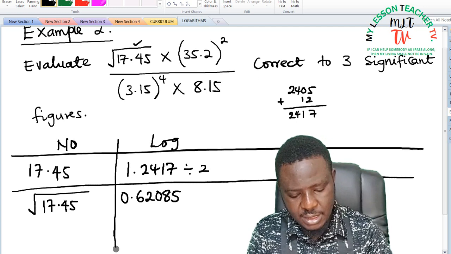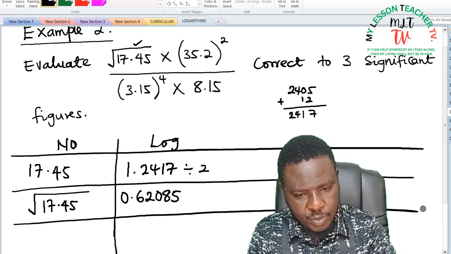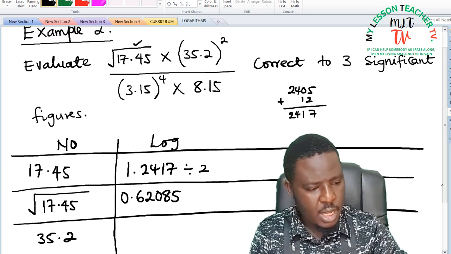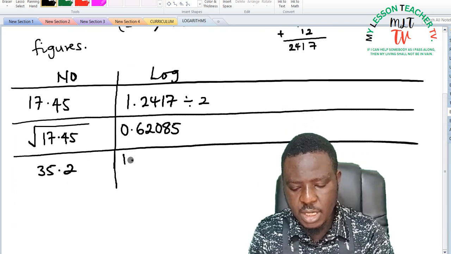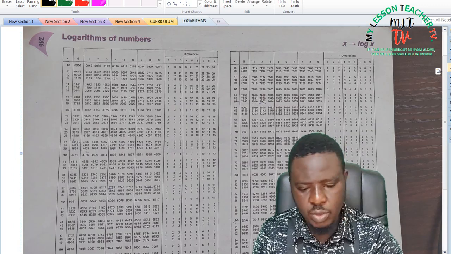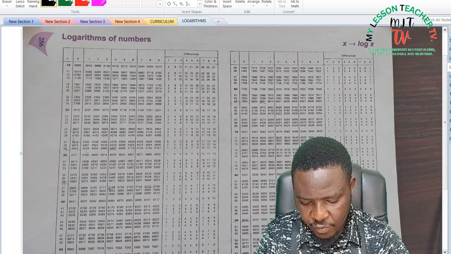Next is 35. So this is 35.2. I'll also get the characteristic for it, which is 1 point. I'll then look for 35 under 2 on my log table. 35 under 2 is somewhere here. This is 35 under 2. This is under 1.